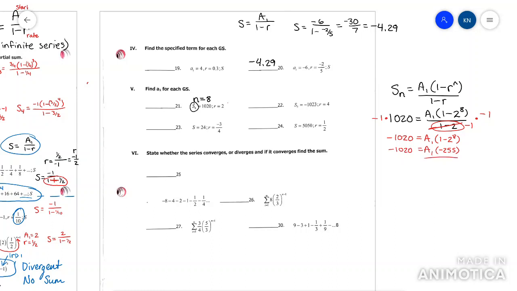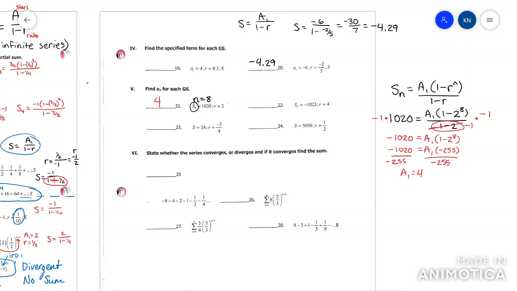And so now you can just divide by -255. You get A1 is 4. So again, plug in everything you know, and then just go solve for A1. They're not that bad.